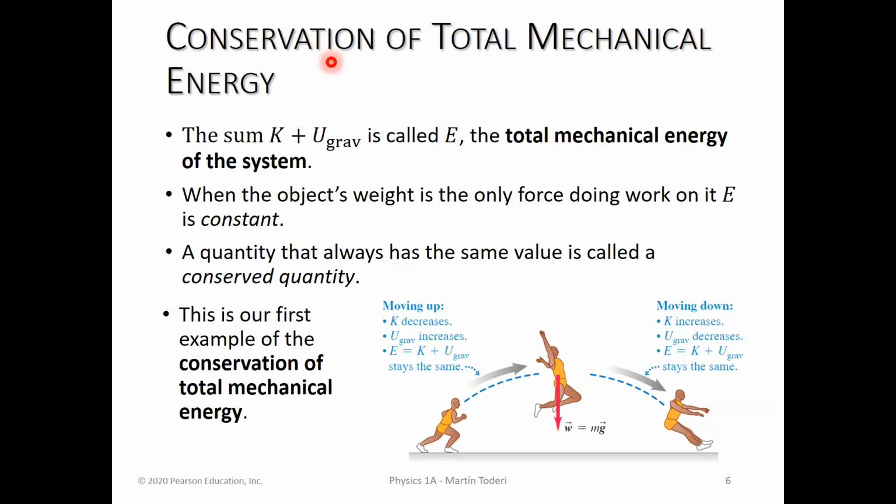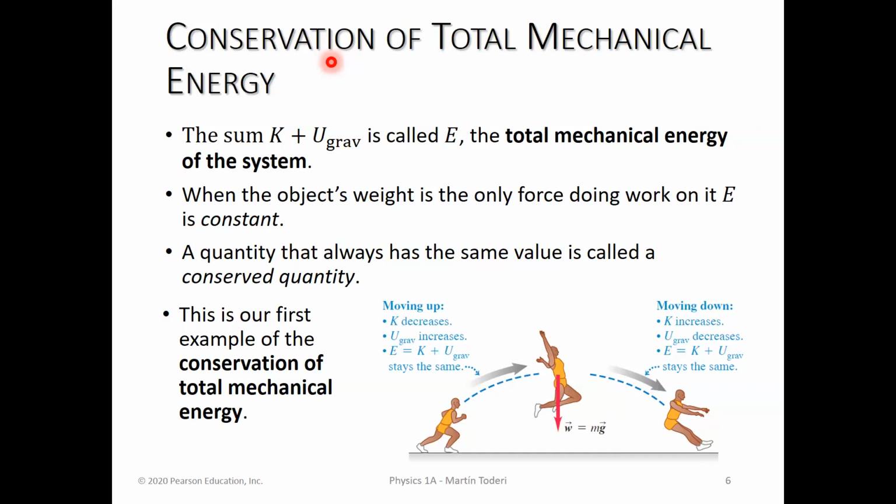And in the case that the only force that's acting is the weight, this total mechanical energy will be conserved. It's not changing. The trajectory doesn't matter, what the particle is doing doesn't matter. If the weight is the only thing that's performing work, then this will be conserved over time.